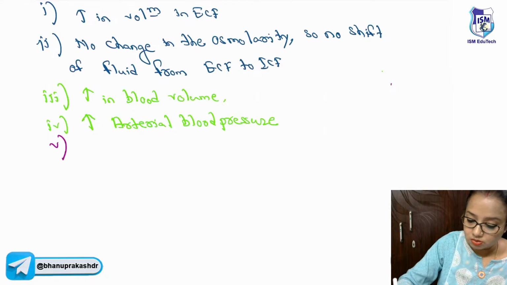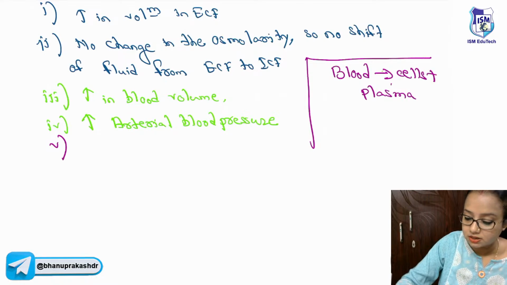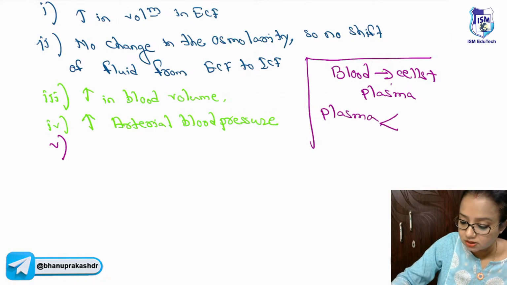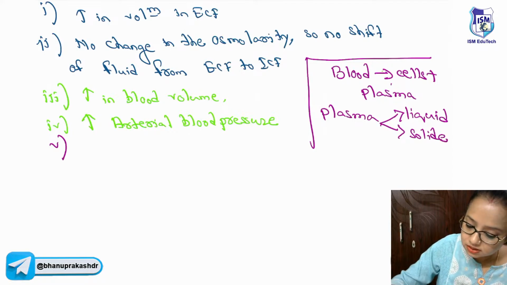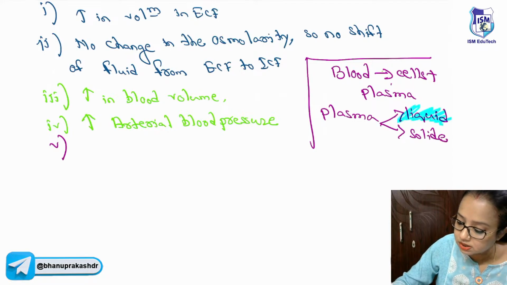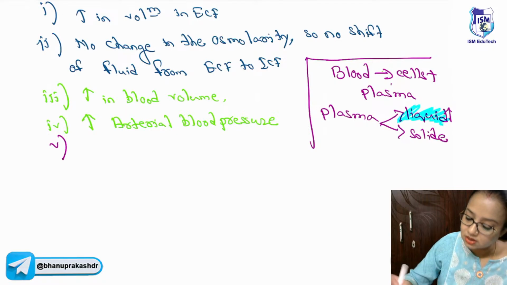Just a quick recap that you also studied. I know blood has cells plus plasma, right? And plasma has liquid maximally and solids minimally. So when this liquid portion additionally increases, then what will happen?